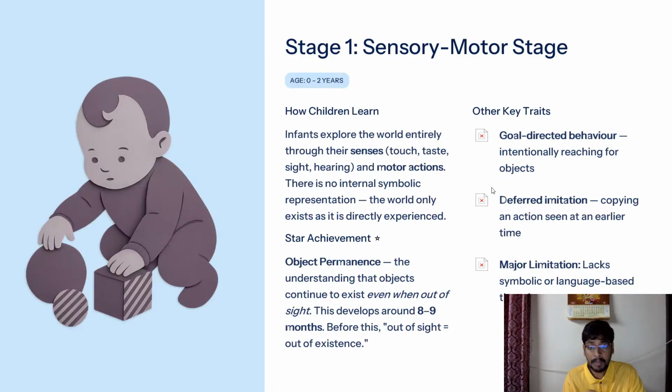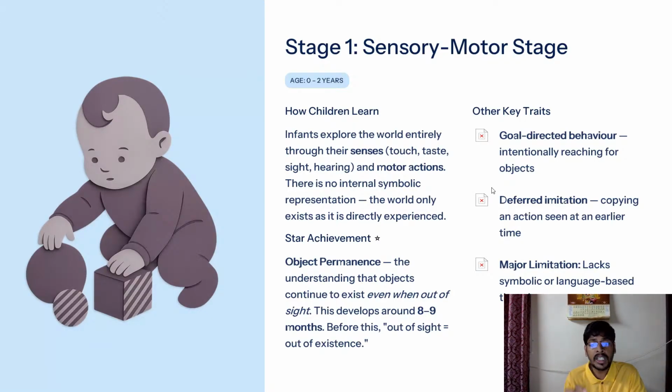And the object permanence, the understanding that objects continue to exist even when out of sight, develops around 8 to 9 months. So when the infant attains 8 to 9 months, they get into a stage where they understand object permanence. They understand that objects continue to exist, and they develop that knowledge.